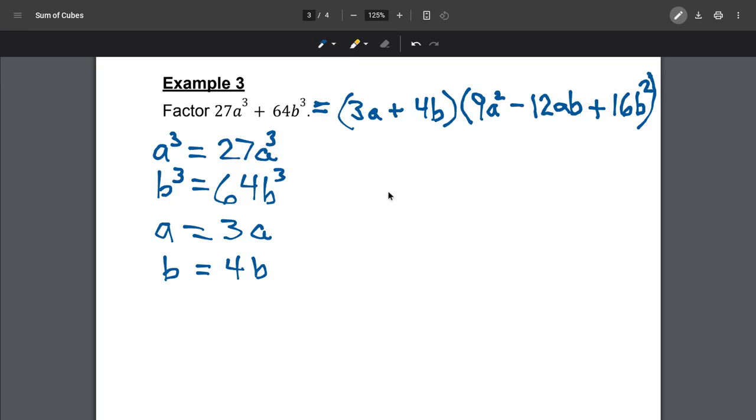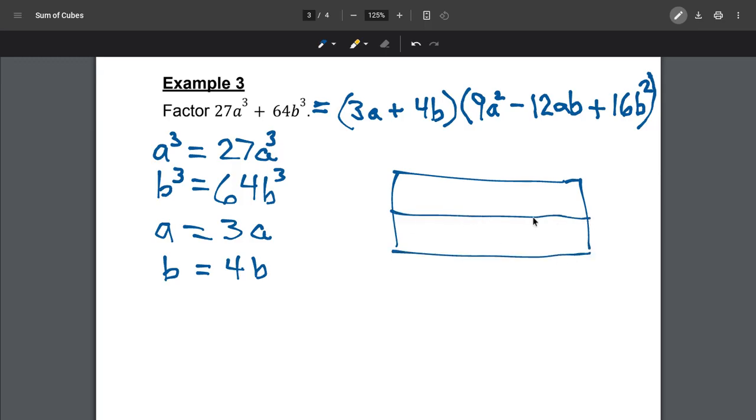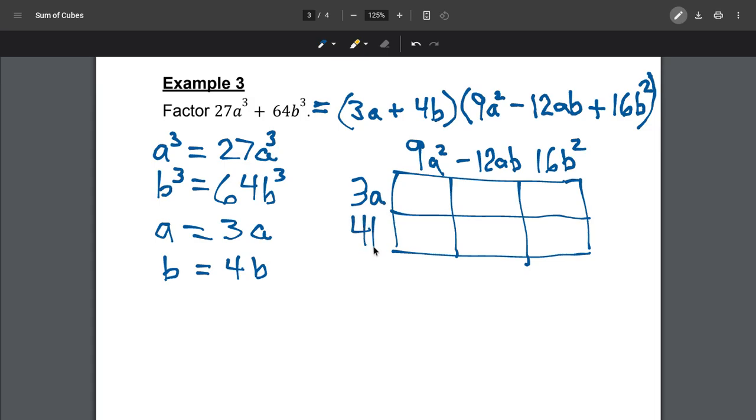Okay, so let's check this out with our Punnett rectangle here. So we got 9a squared minus 12ab, and then 16b squared. And then here we've got 3a and 4b.